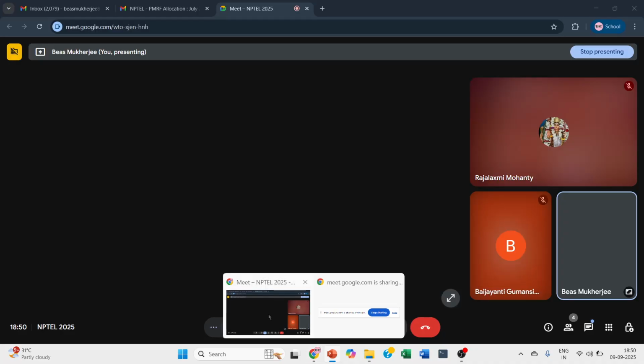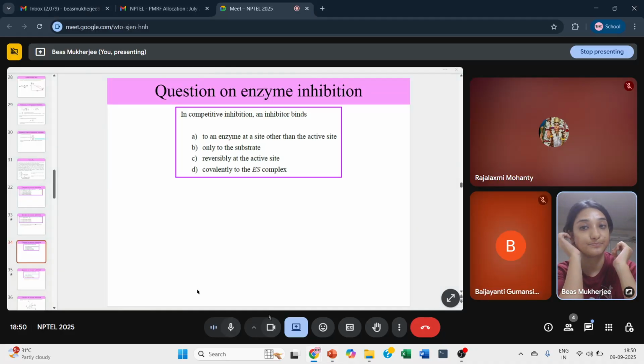Right, so now we go for the next question. So the next question is, in a competitive inhibition, an inhibitor binds to A, the enzyme at a site other than the active site, only to the substrate, reversibly at the active site, covalently to the ES complex.